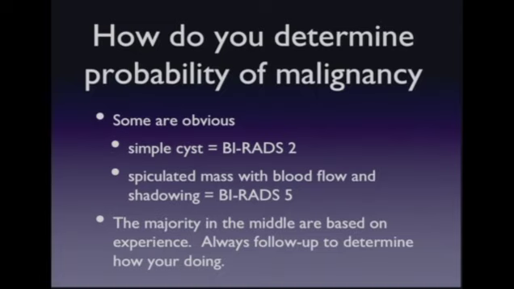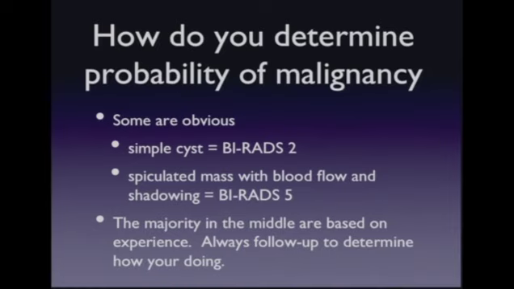Probably the hardest part of this is the BI-RADS assessment. Some are pretty easy. If you have a simple cyst, it's a BI-RADS 2. If you have a spiculated mass with blood flow and shadowing, it's a BI-RADS 5. However, the majority of these lesions are in the middle, and experience is very helpful in determining the appropriate assessment category.